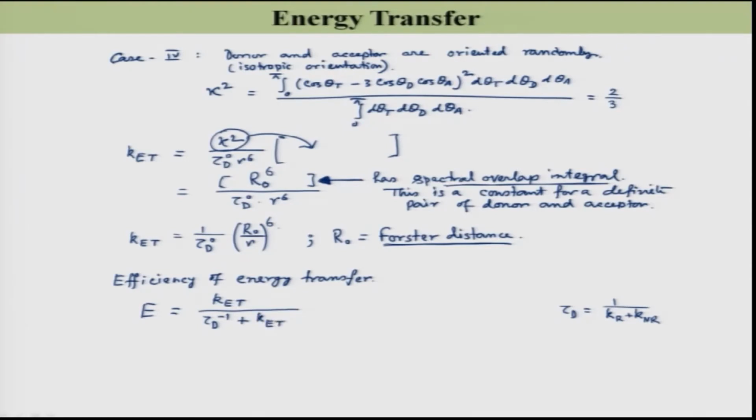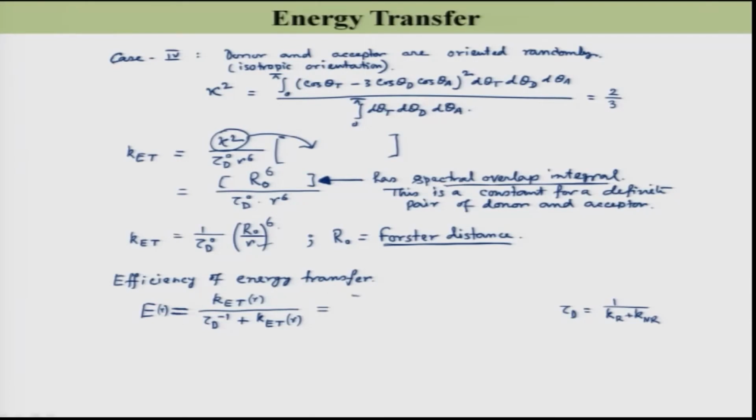Please also remember that this K Et is a function of r, small r. This is the distance between the donor and acceptor, and that distance dependence is very high, r to the power 6. So efficiency is also a function of r. Then I can simply put the expression of K Et r in this equation.